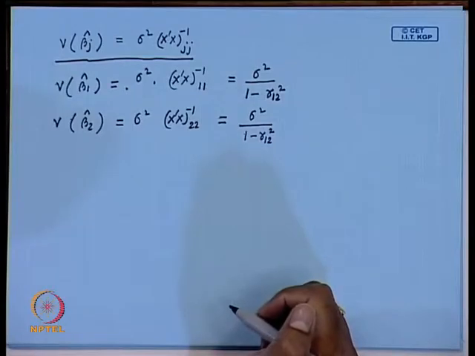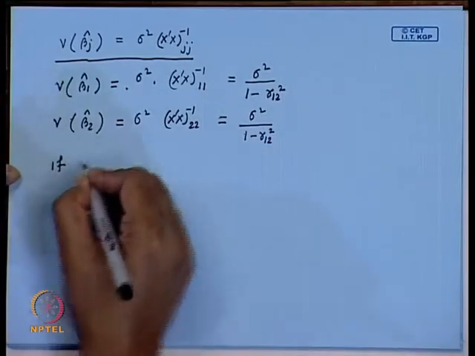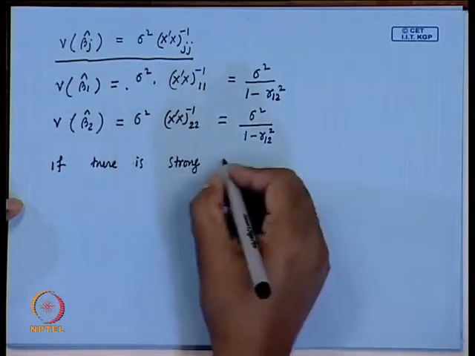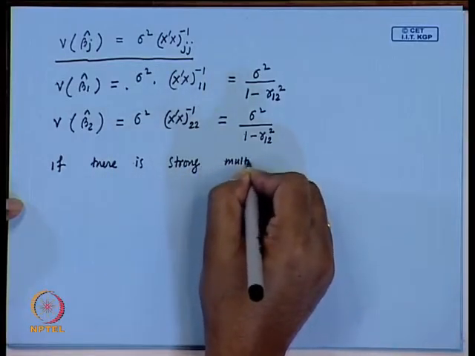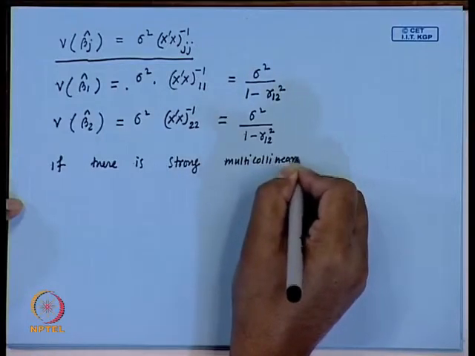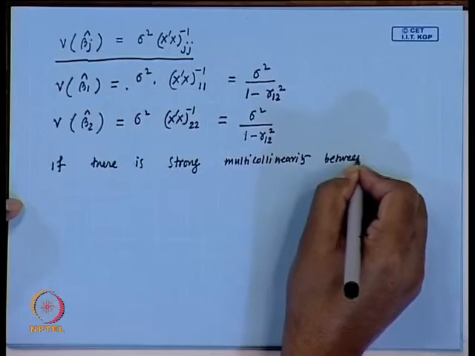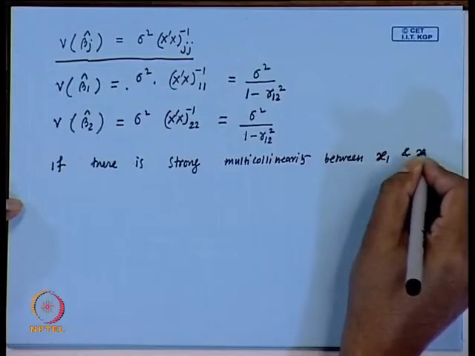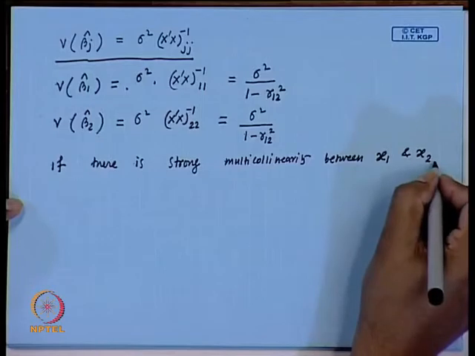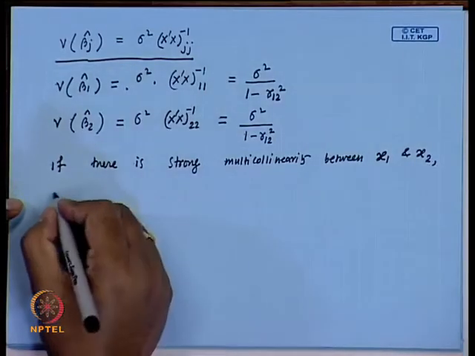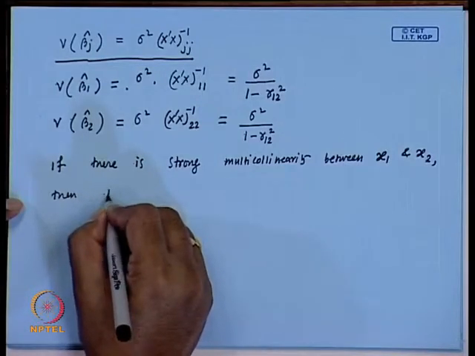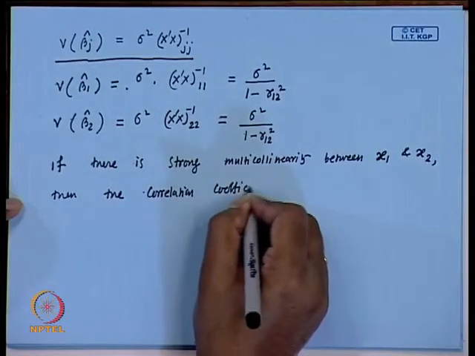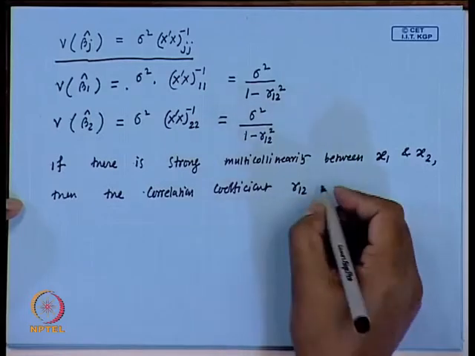Well, now if there is strong multicollinearity between the regressors x1 and x2, then the correlation coefficient r12 will be large.